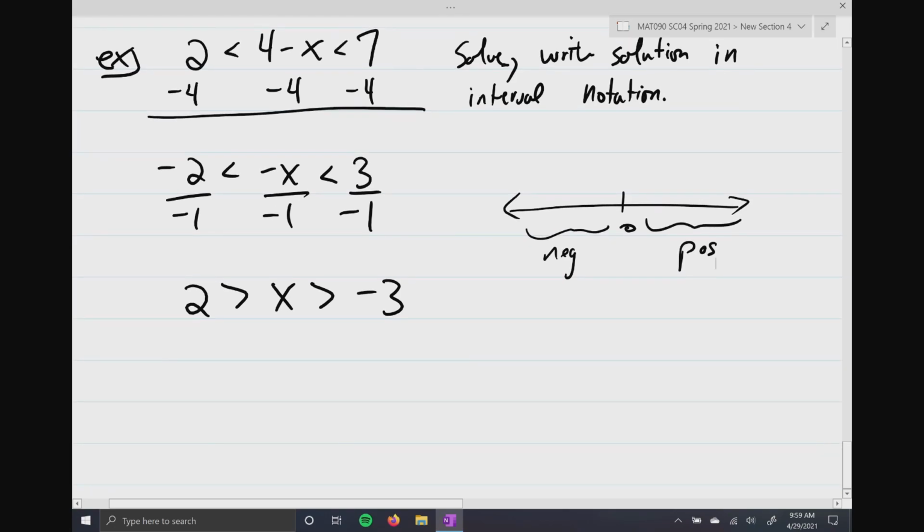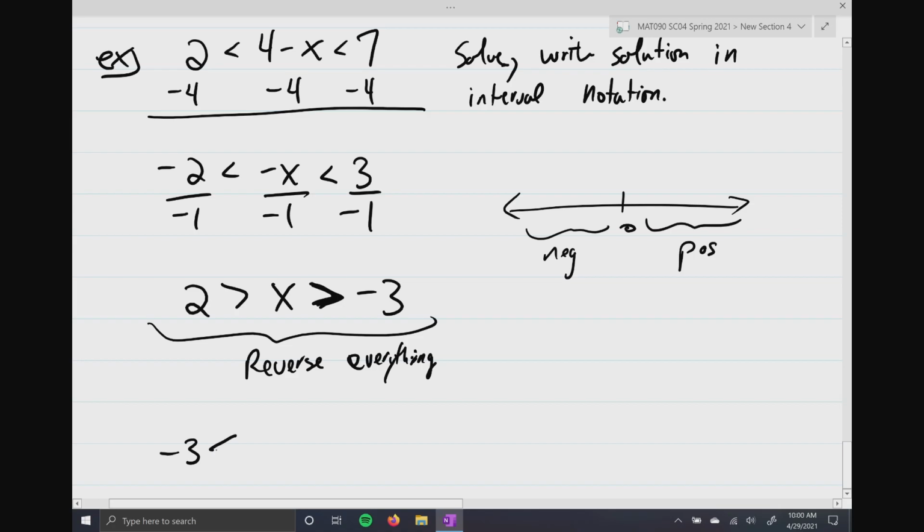Don't leave your answer like this. Reverse everything. I'm going to put the -3 first. And remember, this inequality symbol is pointing to the -3, so I'll make sure it's pointing there again.